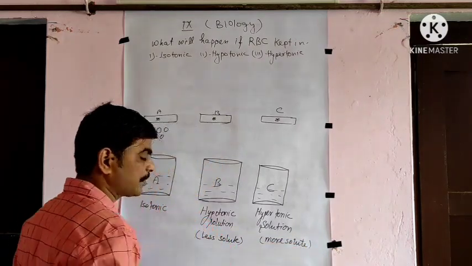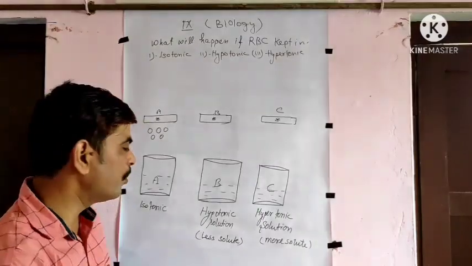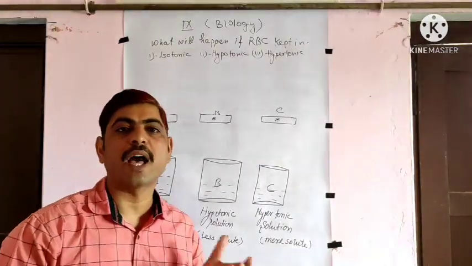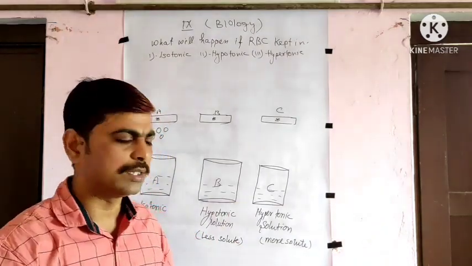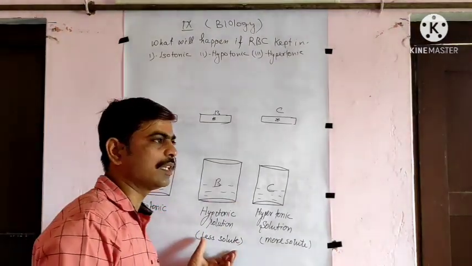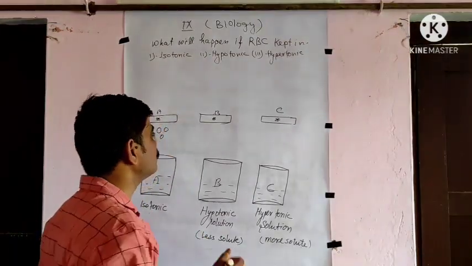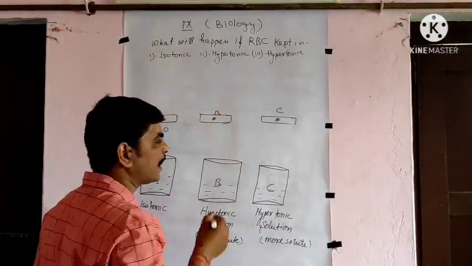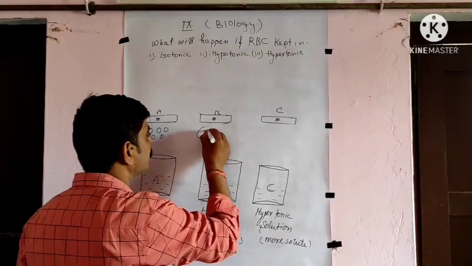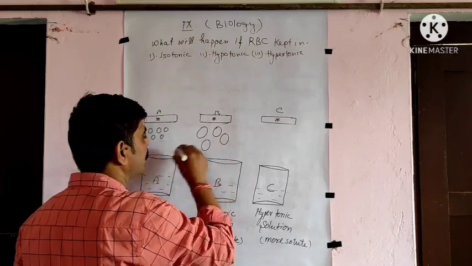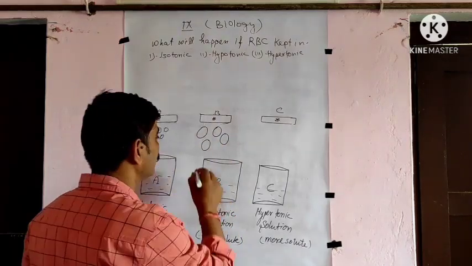So here if solute is less, solvent will be more. Then what will happen? Solvent starts to move from its higher concentration to lower concentration. So higher concentration of solvent is present in this medium. So it starts to move inside the cell, and as a result the RBC will swell up. Its size will increase. Okay?